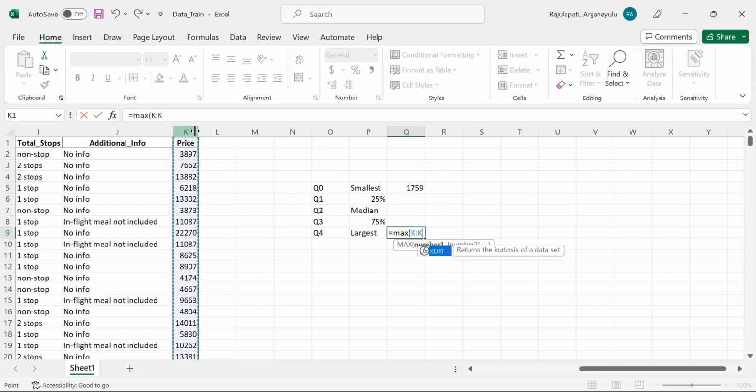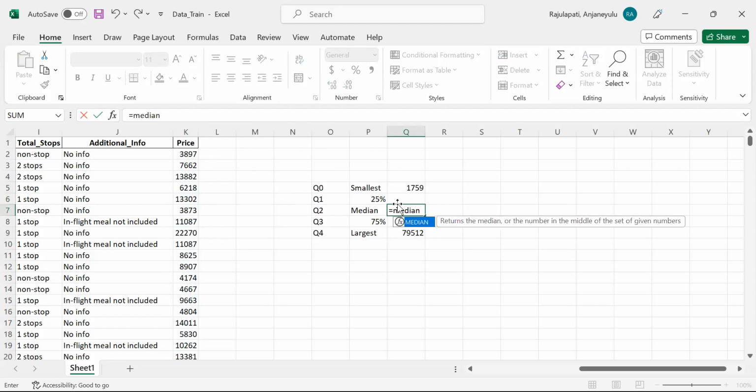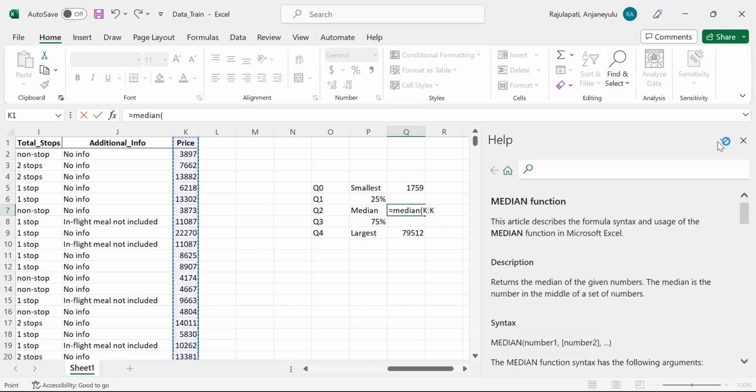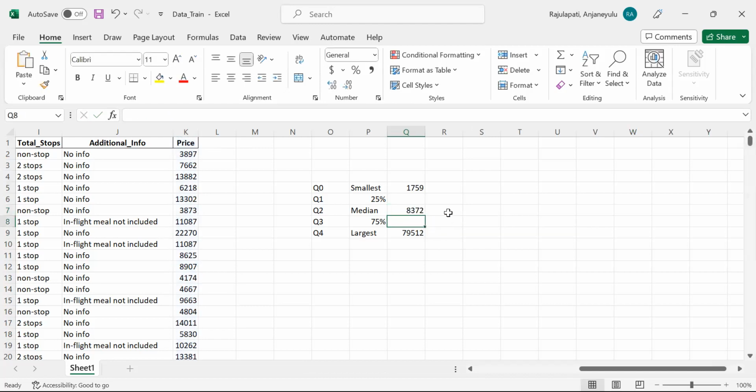And what could be the median value? It's not average, average is mean. Sorry, it's median, the middle value. Median of your data set. Okay, so this is your median.